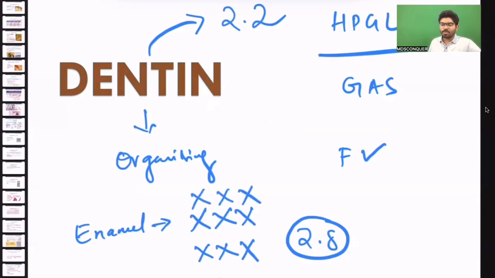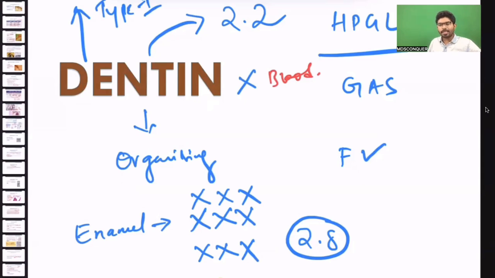Now tell me, what is the type of collagen present in dentin? Predominant collagen in dentin is, yes, a recent NEET question, right? Predominant collagen in dentin is type 1. Any blood supply to dentin? Have you seen bleeding when you cut the dentin? No blood supply. Nerve supply is there?